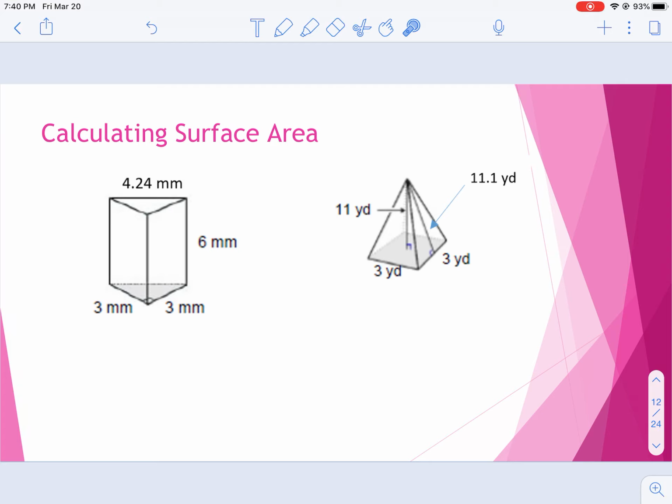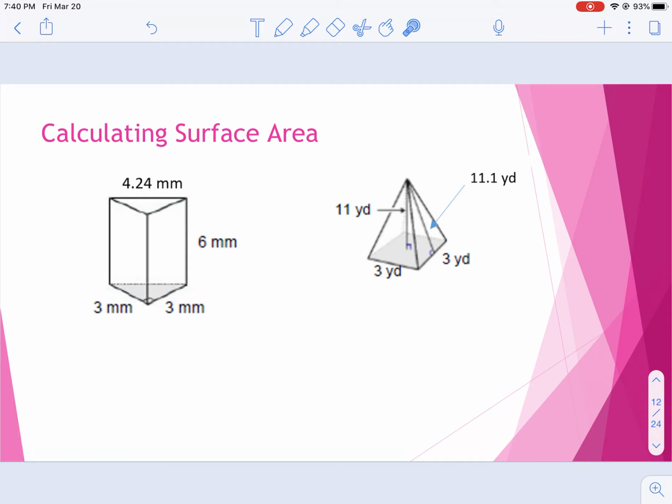What do you see? How many faces does this have? Well, hopefully, first of all, you're seeing the triangles here and realizing it's a triangular prism. And hopefully you're seeing 2 triangles and 3 rectangles. There's a rectangle in the back here, a rectangle on the front left and a rectangle on the front right.